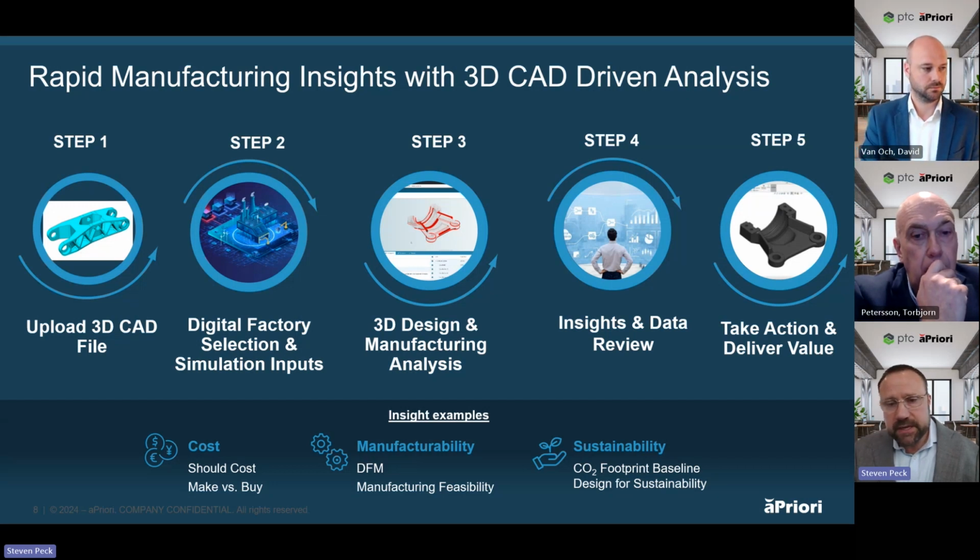So from a design standpoint, sourcing, manufacturing, your program management folks, and executive leadership, understanding where you're at and where to focus, ultimately how to take action and drive value from those insights from a cost, manufacturability standpoint and sustainability standpoint.